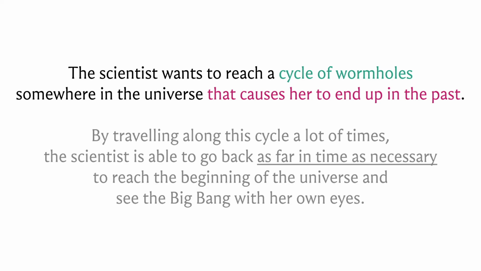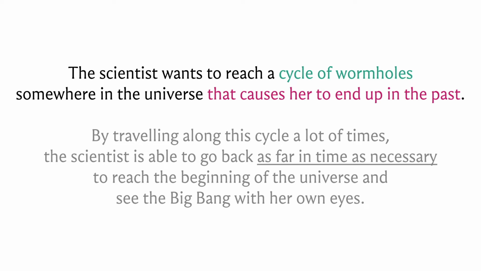And we are also told why this is of interest to her, because once she finds such a cycle of wormholes, then she can keep going round and round that cycle, and that'll keep taking her back further and further in the past, and hopefully ultimately at some point she will be so far back in the past that she would be witnessing the Big Bang, and that would presumably allow her to study it, or so the story goes. So that's what we're looking for. We're looking for a cycle of wormholes that takes our scientist friend back in the past.